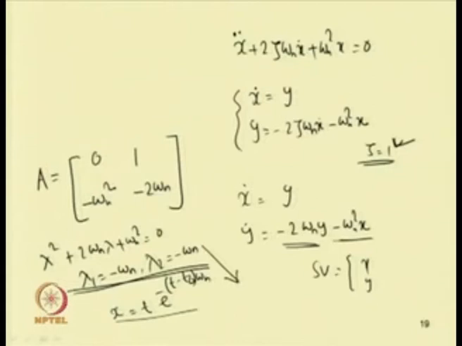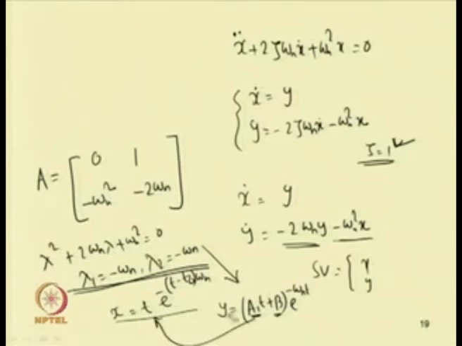We can write it as (a1 t plus b) into e to the power minus omega n t. Here we have two constants, a1 and b.